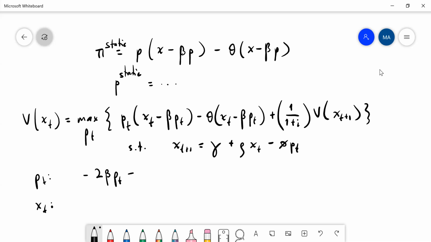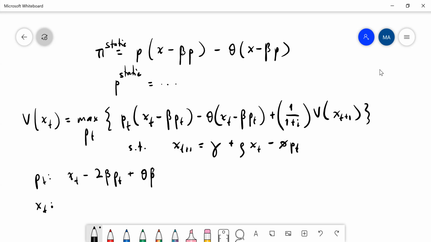Minus, plus theta P, theta beta P, right? So no, there's no PT here, I'm sorry. Right, so I'm taking the derivative with respect to P. I have X, right?